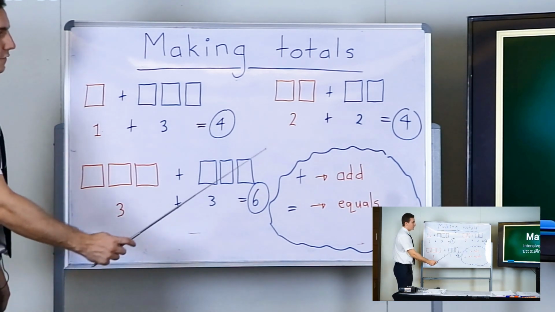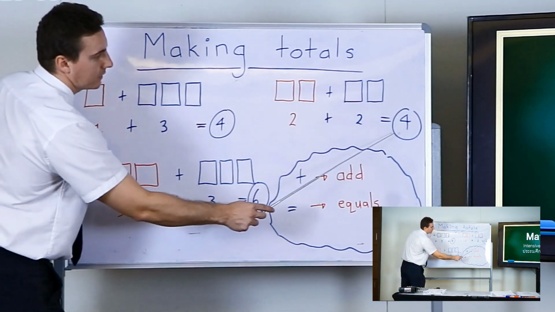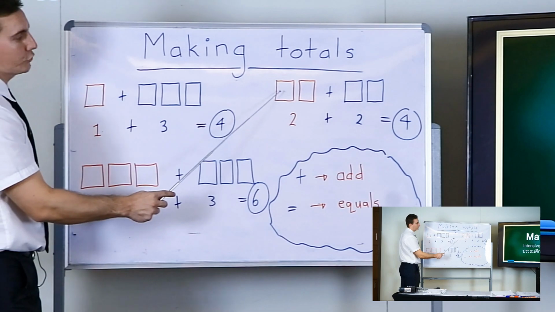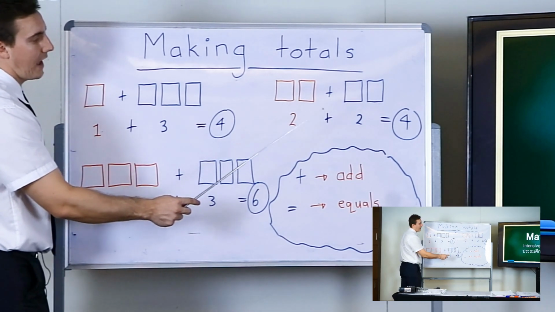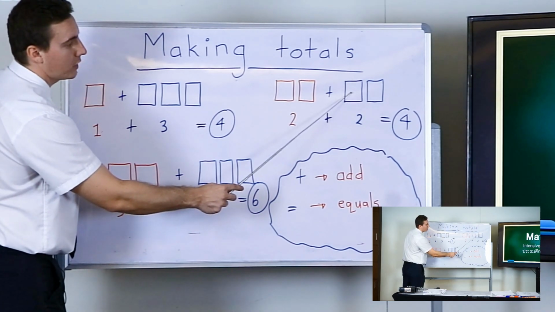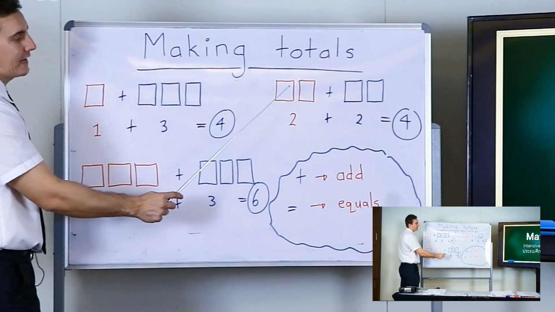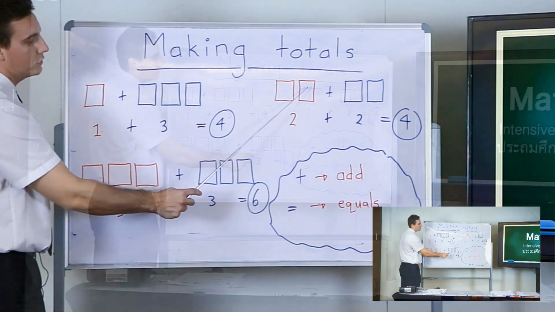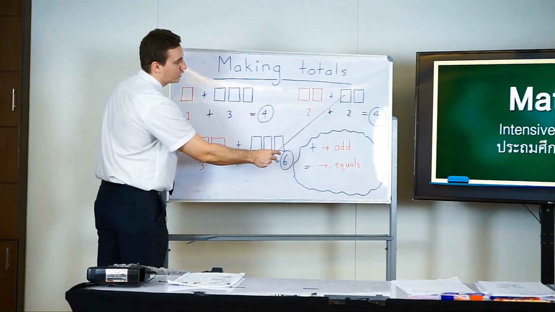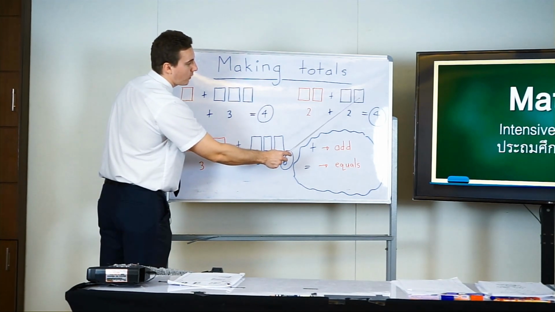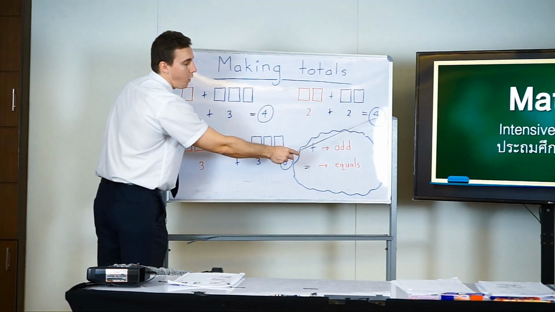Okay. Let's move on to our next example over here. I have drawn 2 red squares, 1 and 2, and I've drawn 2 blue squares, 1 and 2. So if I had to say 2 red squares plus 2 blue squares, the answer is 4.